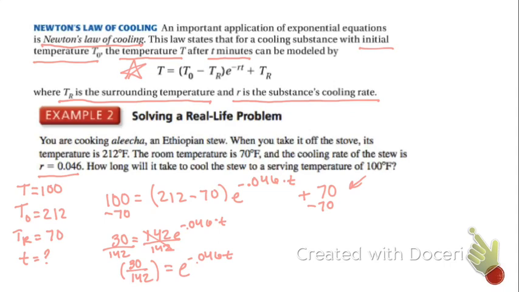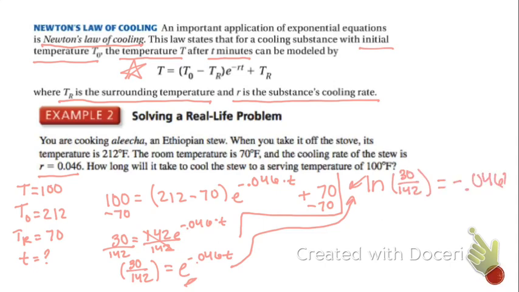So I need to go into log form. But since I know I have an e here, it's going to be the natural log. So I've got the natural log of 30 over 142 equals negative 0.046 t. And now I'm solving for t. So I've got t equals 34 once I plug all of that into my calculator. So 34 minutes.